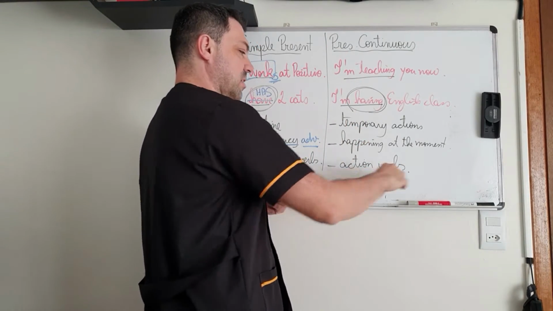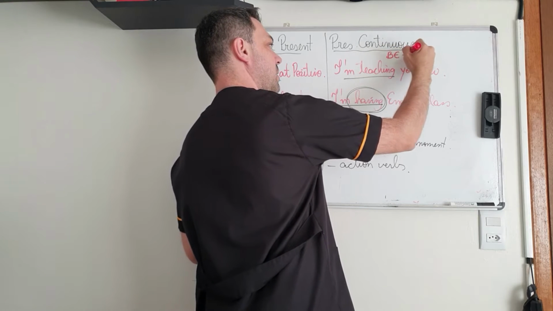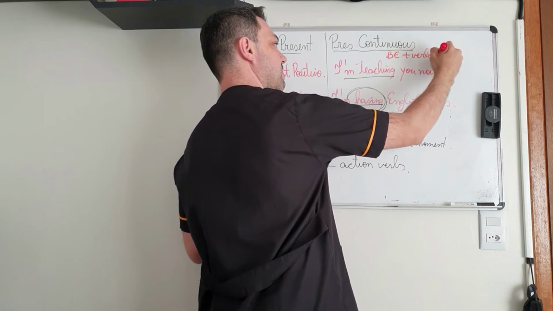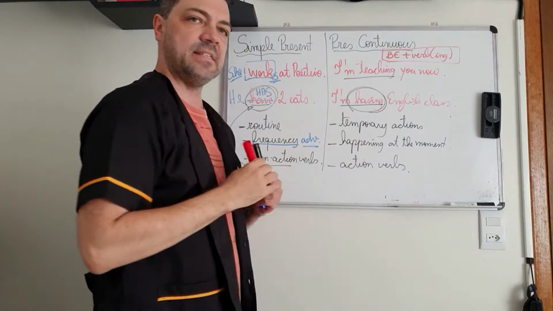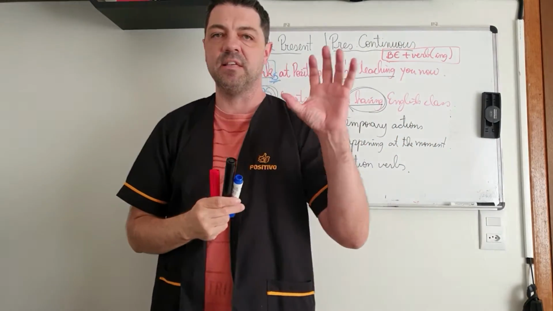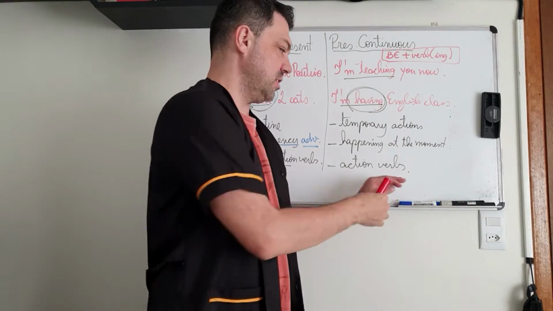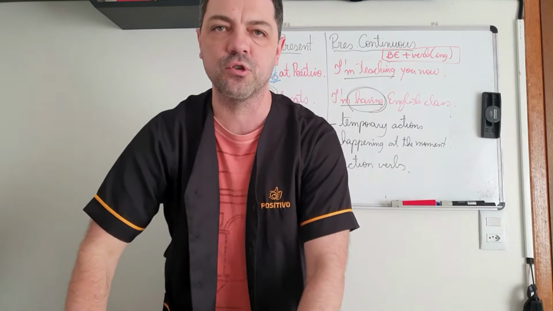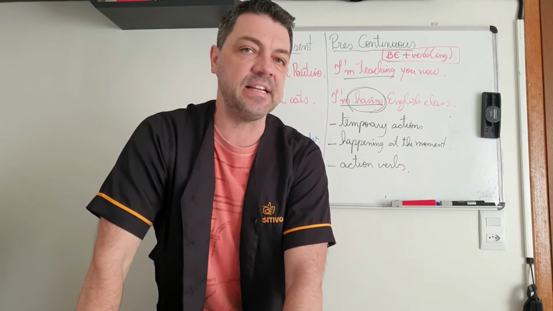Remember that the structure of present continuous is always verb to be plus verb with ing. Okay? So this is the main difference between simple present and present continuous. Before we move to the other topic, let me just ask you two questions. What do you do? I am a teacher.